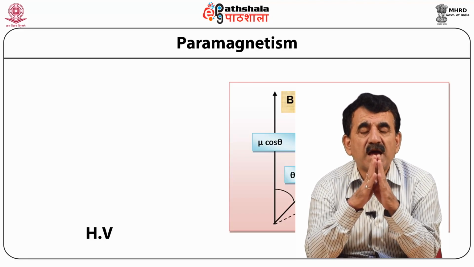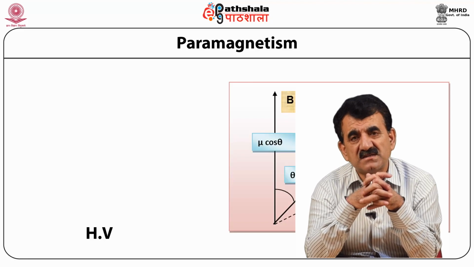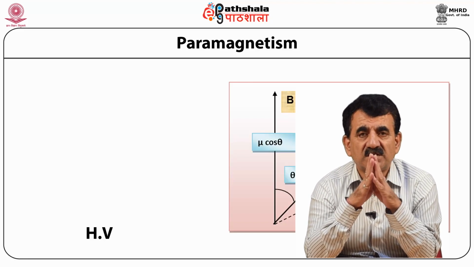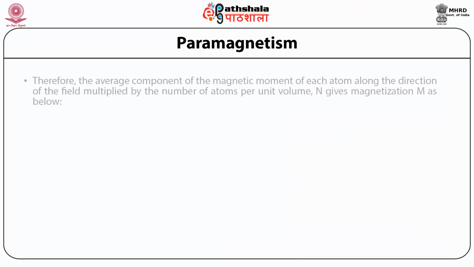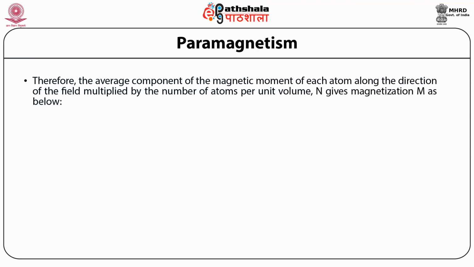That is why the application of paramagnetic materials is negligible. Therefore, the average component of the magnetic moment of each atom in the direction of the field, multiplied by the number of atoms per unit volume n, gives the magnetization M, given below.